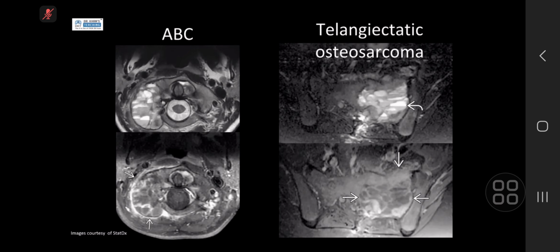So the arrows are pointing to the sacrum, whereas on the left with the ABC, it's far more well-defined. And also the infiltrative kind of process around the lesion for the telangiectatic osteosarcoma. So looking for those more aggressive features for the latter.